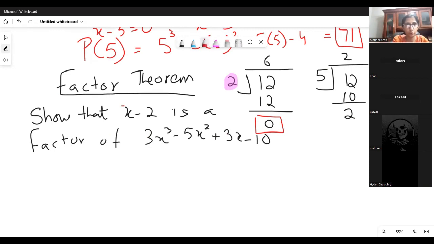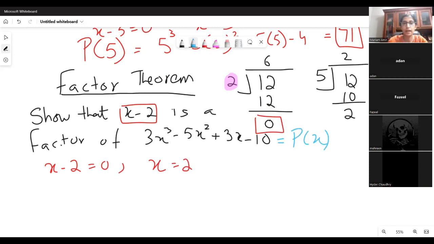What do we do? We first equate this to 0. x minus 2 is equals to 0, which gives us x is equals to 2. We can say that this is equals to px. P means polynomial. And we can substitute, or we can find p2.